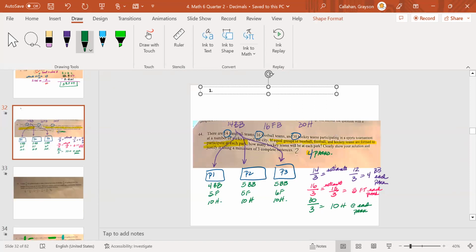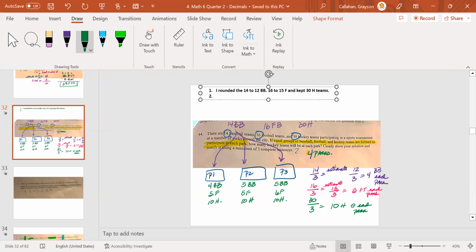First thing that we did was I rounded the 14 to 12, 16 to 15, and kept 30 teams, right? So we can say 12, this one was baseball, right? Football, and kept 30 hockey, right?